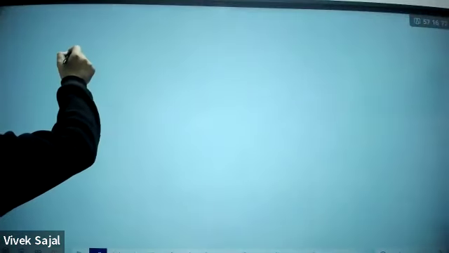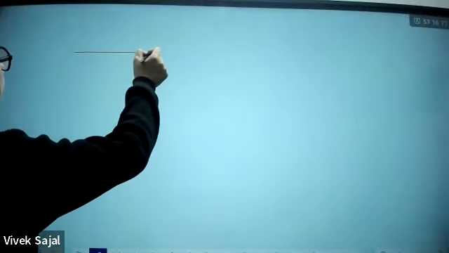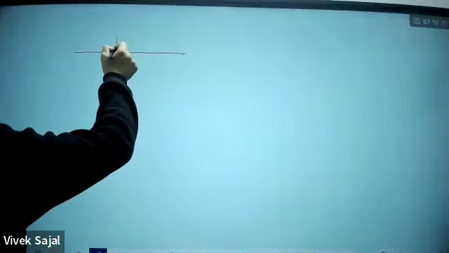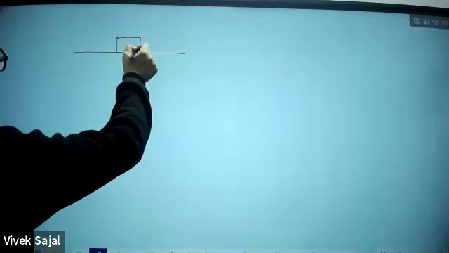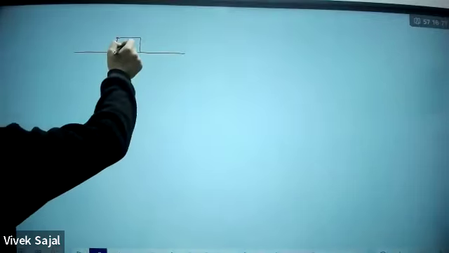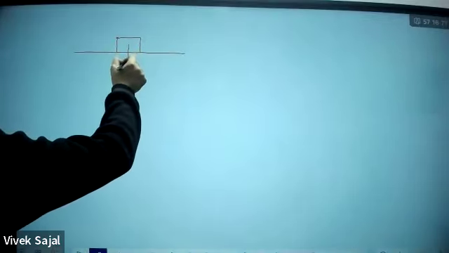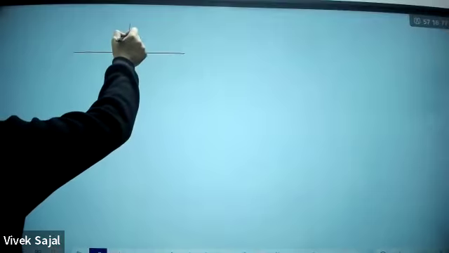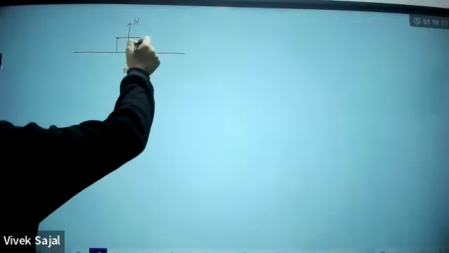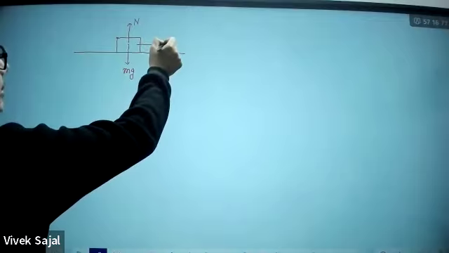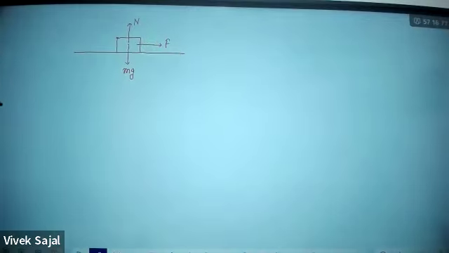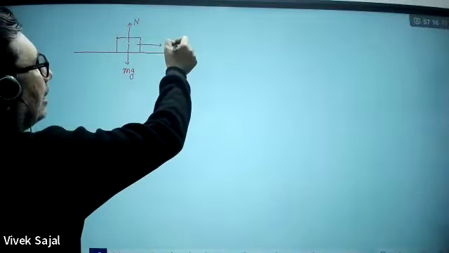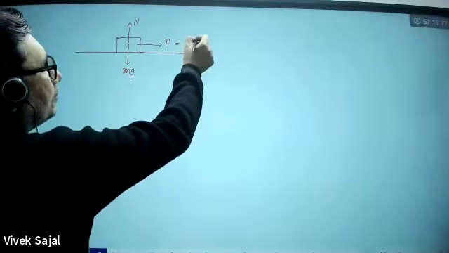To understand a self-adjusting force, first we have to understand this. Suppose this is a block. Its weight mg acts in the downward direction, and a normal reaction N acts on it. Now you are applying a force on it. Say I apply a force of 1 Newton.